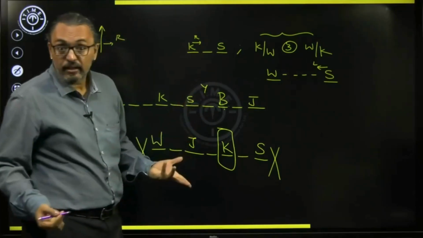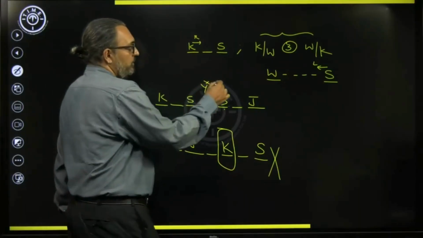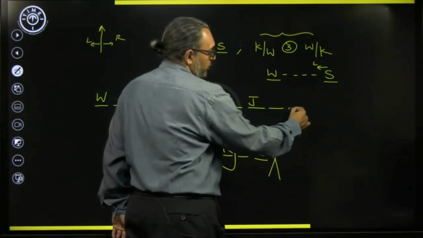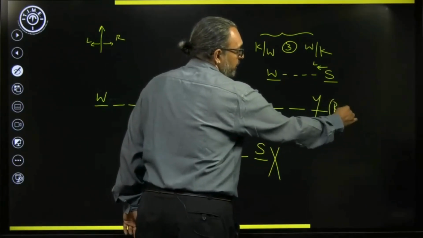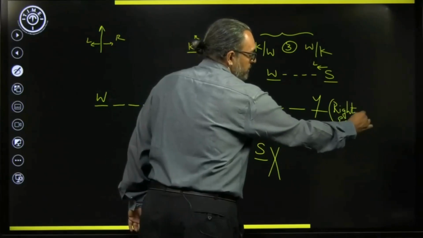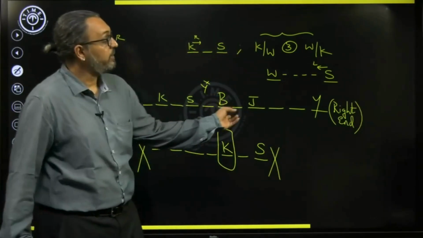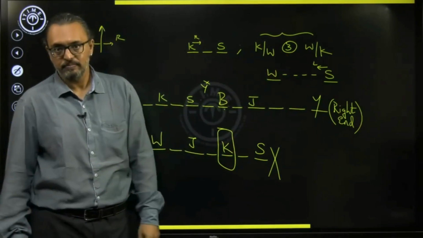But is Y sitting at an end? No, because the condition is it should be at one of the ends. So Y cannot be here. That means you take the other side. So if I take the other side, this is now going to be the right end because Y is sitting at one of the ends. So 3 places away from J and sitting at one of the ends.